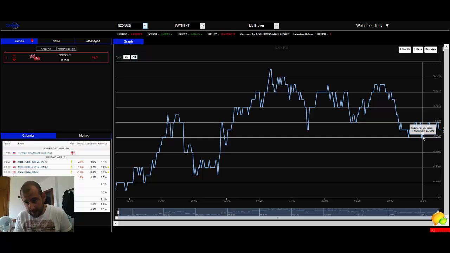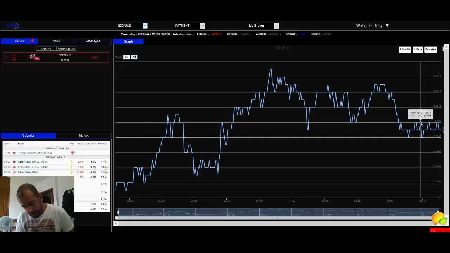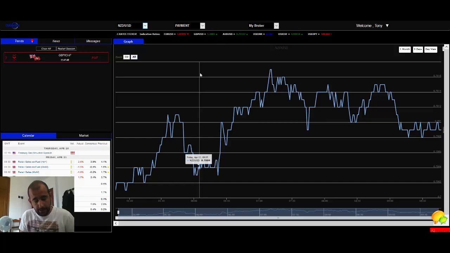So I'd write that down as NZD USD 0.7008. I'm going to put an upward arrow because we want it to go up, and at this point, 0.701, we're going to put an arrow down. We'll keep a look at that in a moment.